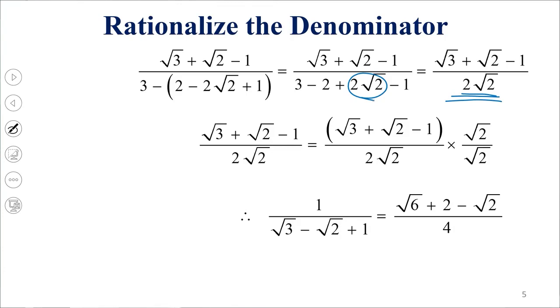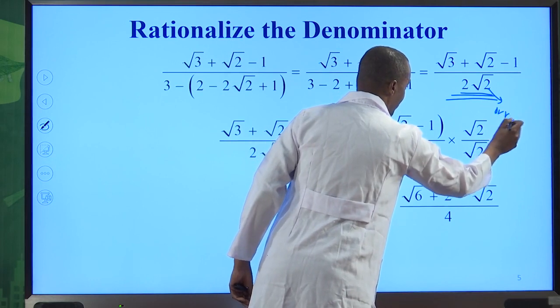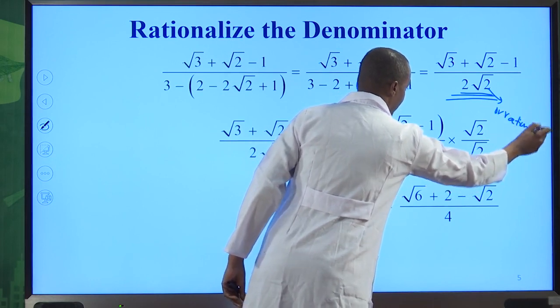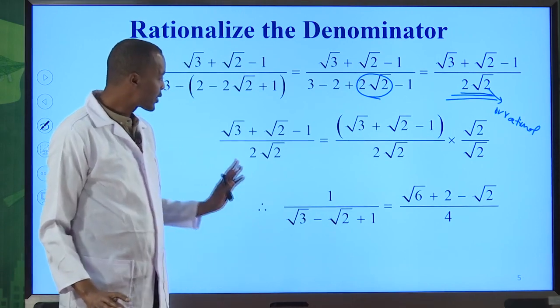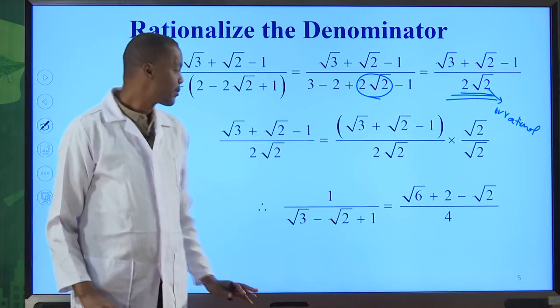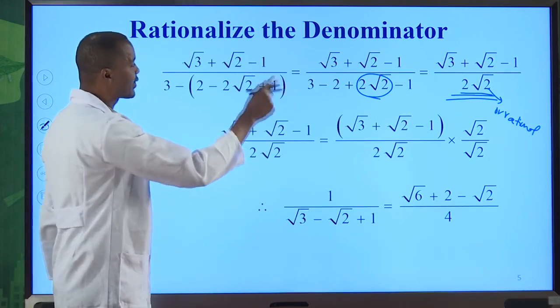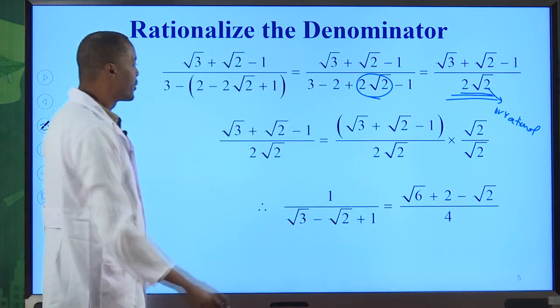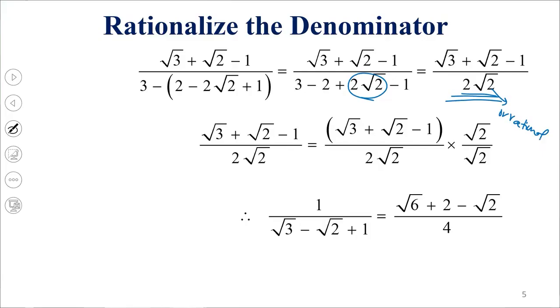Still I have root 2, which is still an irrational number appearing on the denominator. So once again I have to repeat the procedure by multiplying the final expression that I have now arrived at by root 2 over root 2 in order to cancel the root 2 term. So I'm going to multiply this given expression that you can see here by root 2 over root 2.